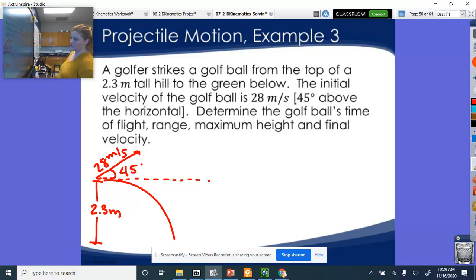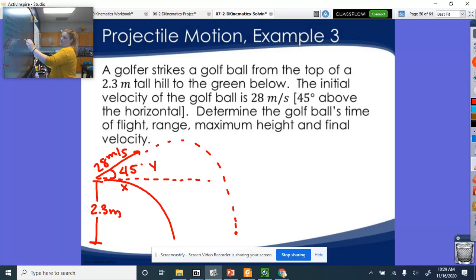So here what I can do is I can go ahead and calculate out what my initial velocity in the x and my initial velocity in the y are going to be. Remember, my x is still going to be the same throughout, so that actually helps me a lot. So this guy is going to come and plop down here somewhere. But I'm going to solve for my x and my velocity in the y.